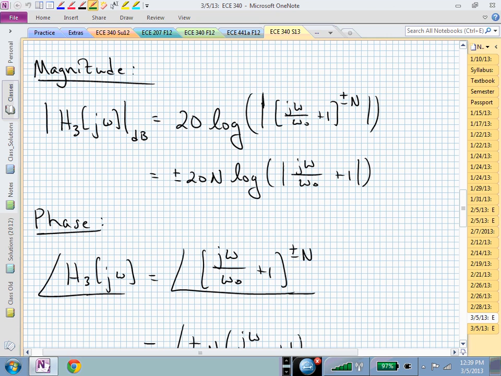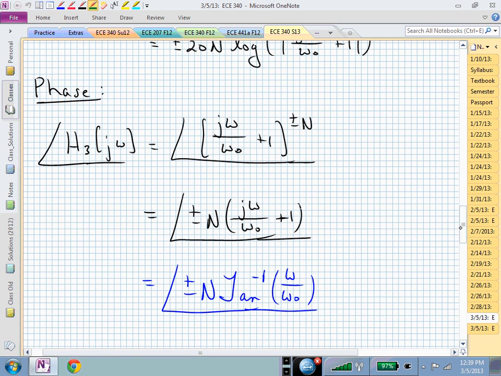We can do the same thing with our phase. We're just looking at the phase of this complex number. That's a linear factor, which really, all it is, is a complex number. If we had multiples of those factors at the same frequency, that's what the capital N means, and that just means that we would adjust the angle by however many poles or zeros we had at that particular break frequency.